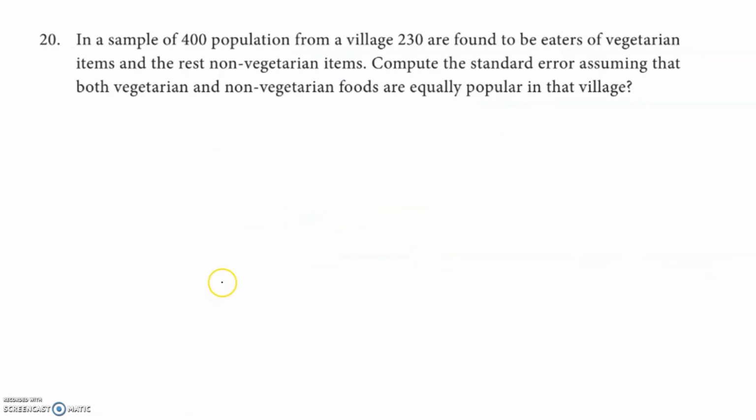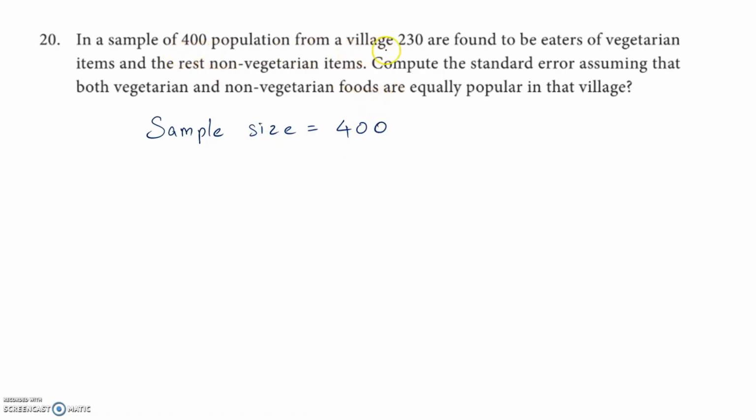Now for the last problem in this set of questions. In a sample of 400 people from a village, 230 are found to be eaters of vegetarian items and the rest non-vegetarian items. So our sample size is 400.